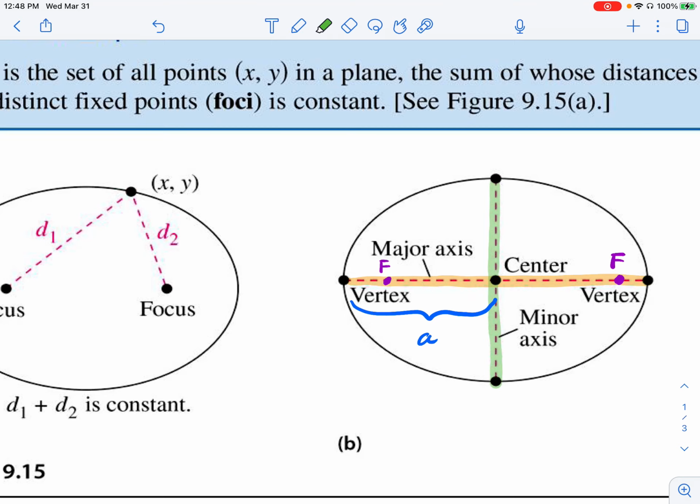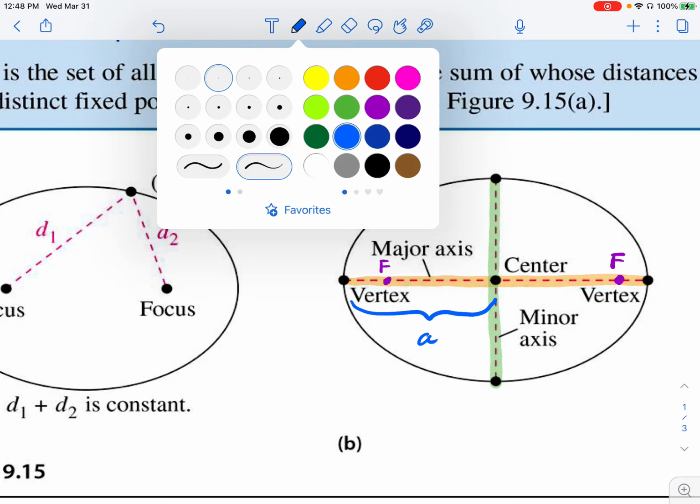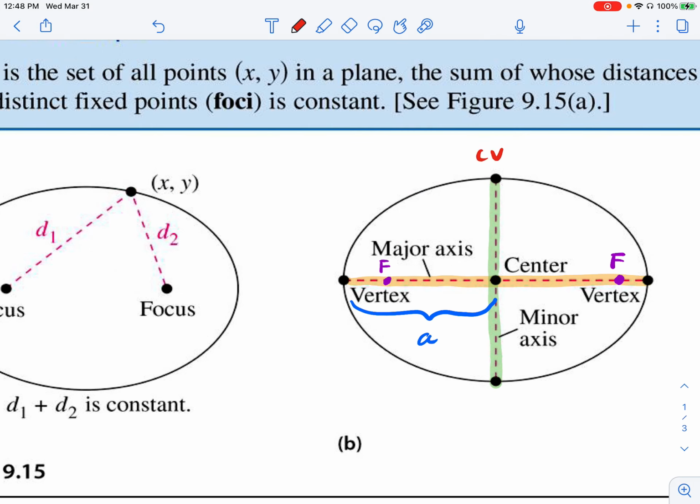This would be the minor axis. And the endpoints of the minor axis are known as our co-vertices, or CV, as I'll often write for short. So we have co-vertices here. And the distance from our center to one of our co-vertices is going to be B.